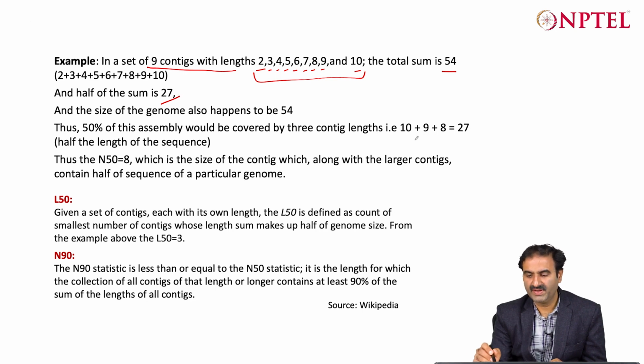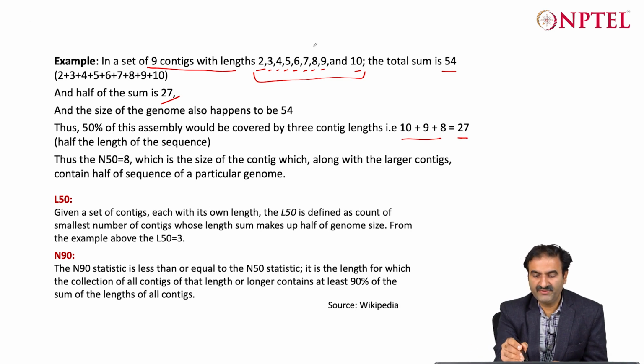If I sum 10 plus 9 plus 8, that equals 27. That means at this point I can say that these 3 contribute to 50% of the total assembly that I have done. So this will be my N50, that is 8 in this case.